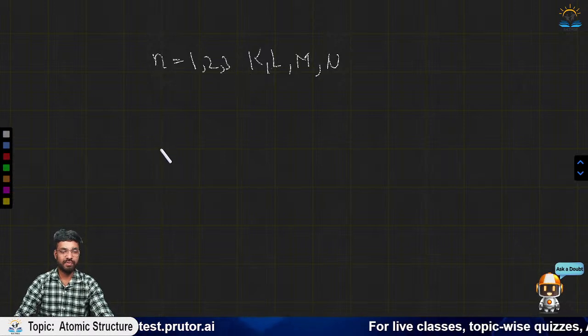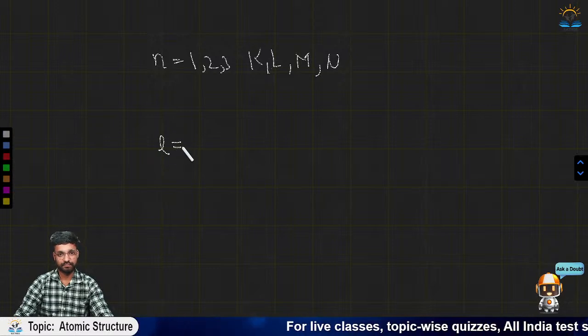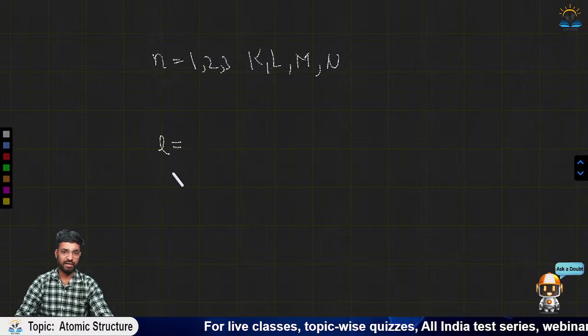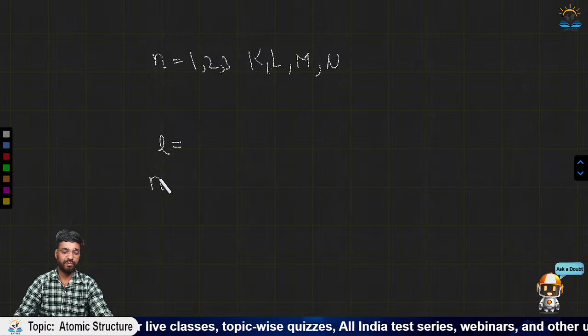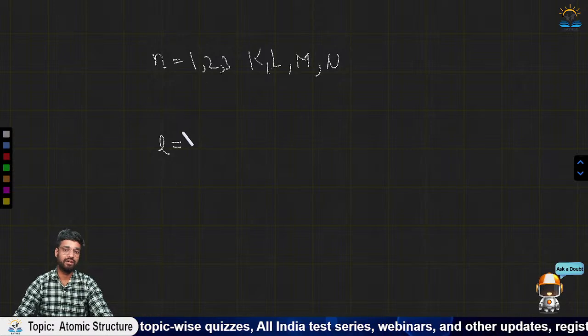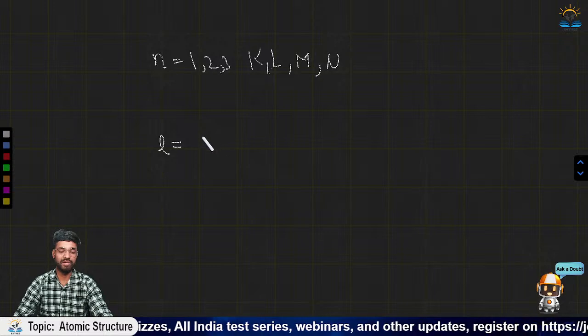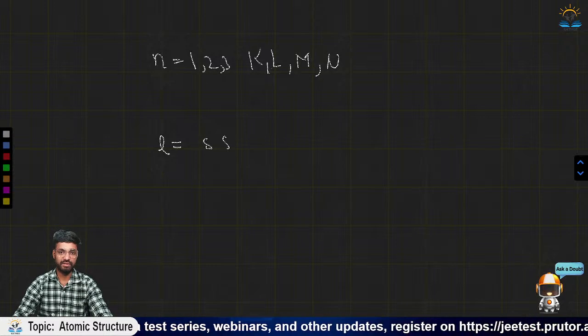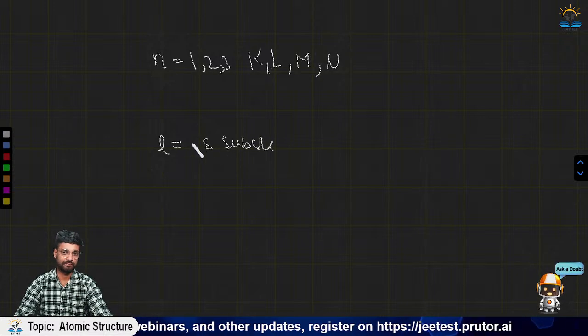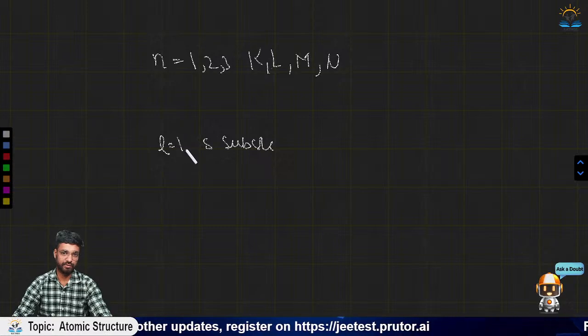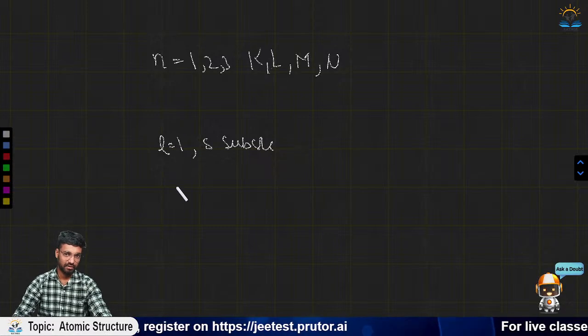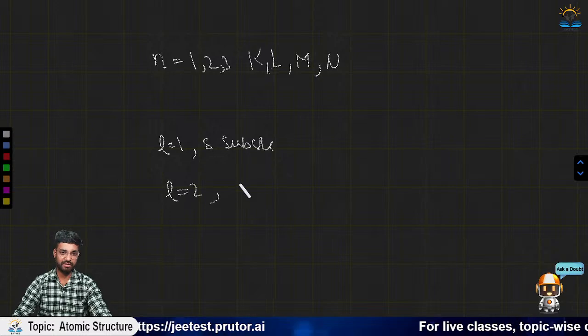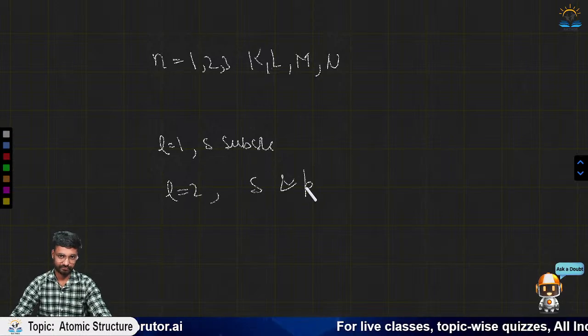Then we have the azimuthal quantum number, that is L. The value of n is the number of subshells we will have here. For n equals 1, we will have one subshell, that is the S subshell only. For n equals 2, we have two subshells, that are S and P.